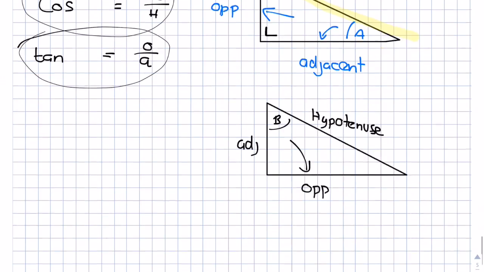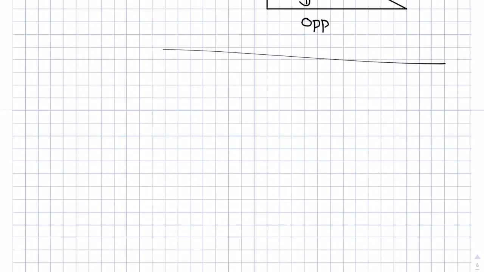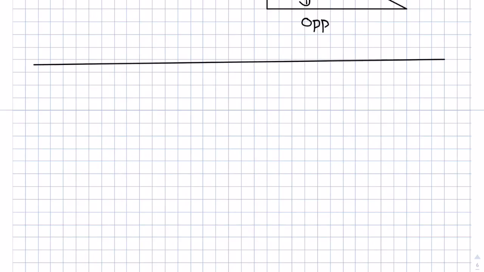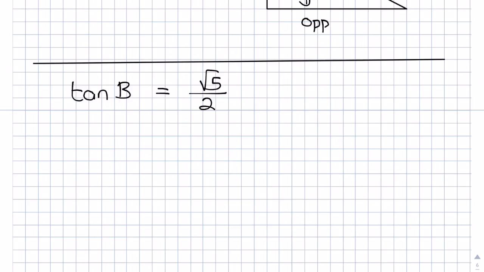So you might get a question something similar to this. They might say to you, tan B equals root 5 over 2.